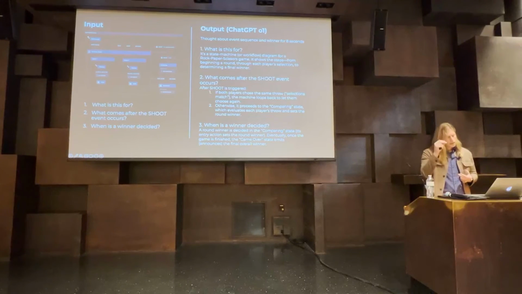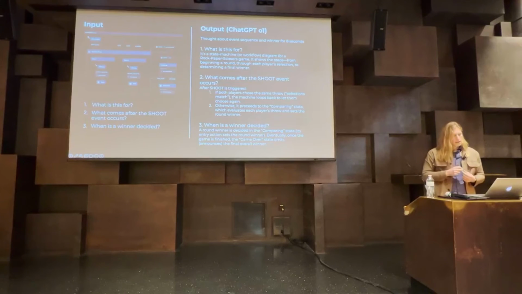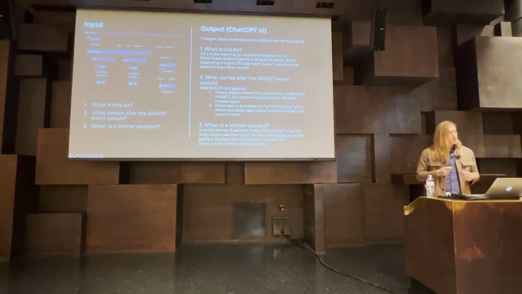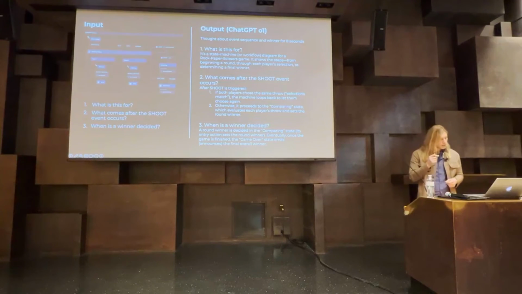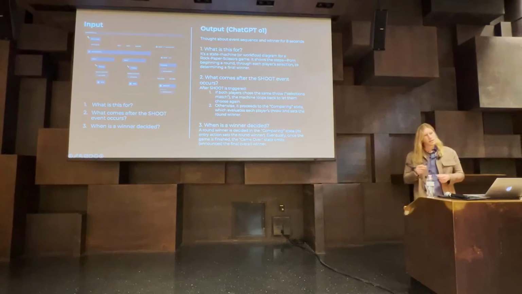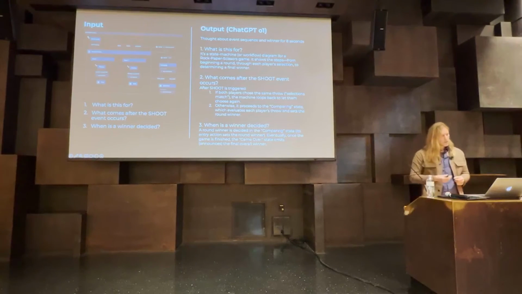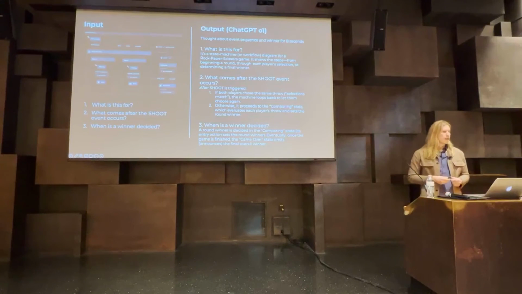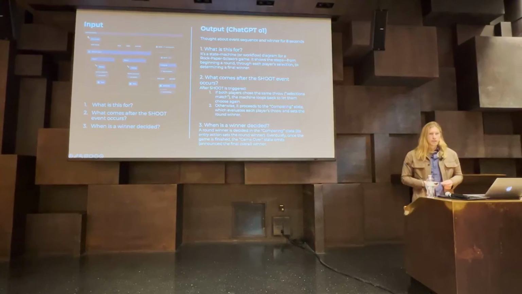It accurately picks up on that guarded transition and says if both players choose the same throw, the machine loops back to let them choose again, otherwise it goes on to the next step. When is a winner decided? Well, your question wasn't specific enough. A round winner is decided in the beginning stage and the final winner in the end game state. So it does a remarkably good job of interpreting the state chart visually.